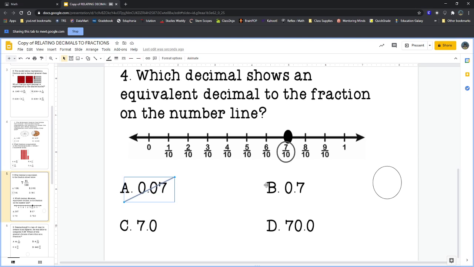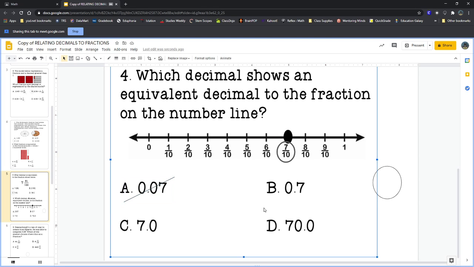Now remember, any number in front of the decimal needs to be in front of the fraction. If I look at the fraction that they're using, I don't see any number in front of their fraction. Not a single number here.